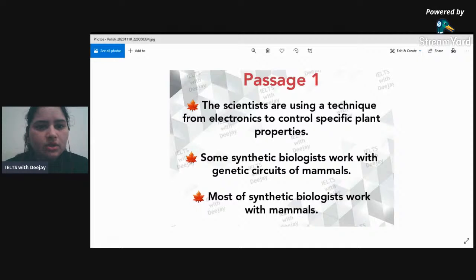If you can screenshot the questions, I will move my screen to the passage only, so that we can do it together. When you take the screenshot, just let me know so that I can move to the passage. Or I can send it to the WhatsApp group, for the people who are there.